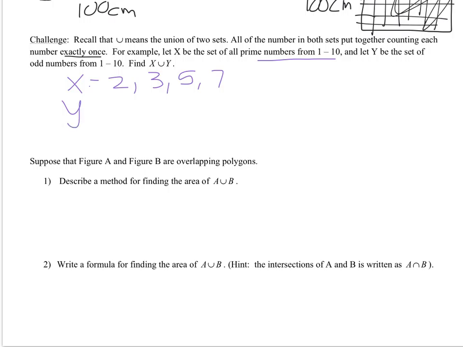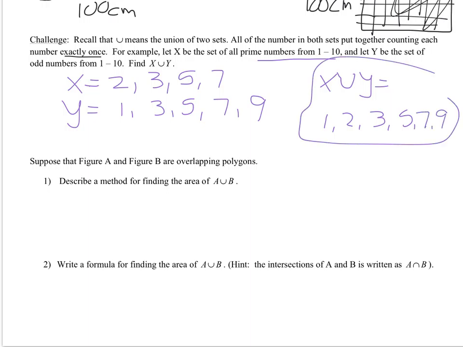And let Y be the set of odd numbers from 1 to 10. So that would give me 1, 3, 5, 7, and 9. And it's asking us to find X union Y. So the union of the two sets together would be every number that's in both without repeating them. So that would equal 1, 2, 3, 5, 7, and 9. That would be the union of these two sets.